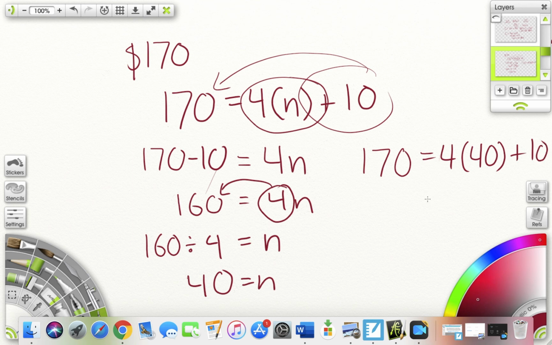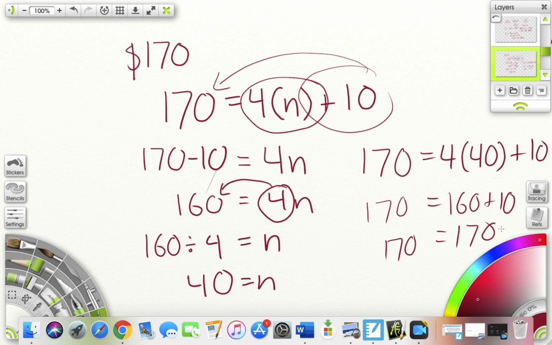So I'm going to do my expression and see if this equals 170. So 170 equals 4 times 40 is 160 plus 10. 170 equals 170. They're the same, so I know it's good. And that's how you can check your answers.